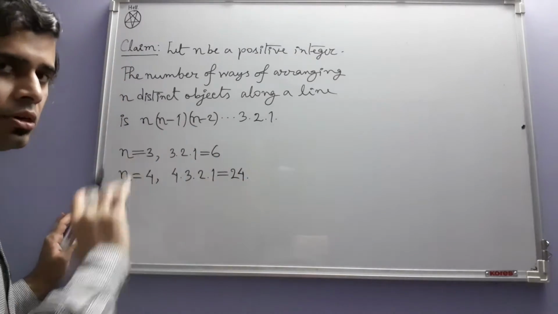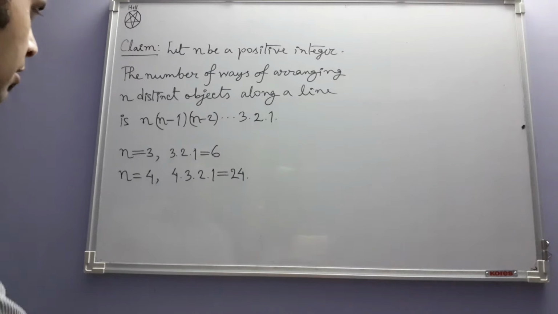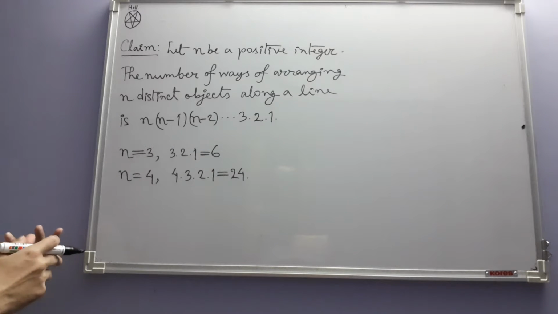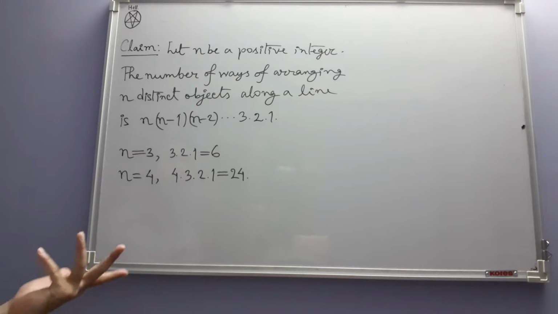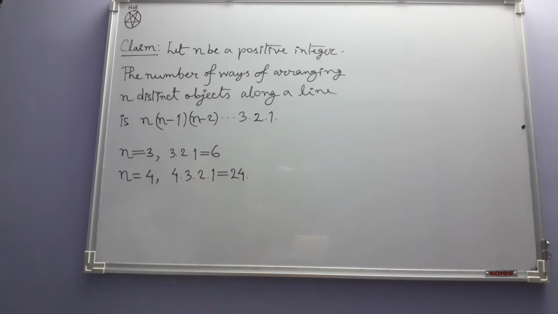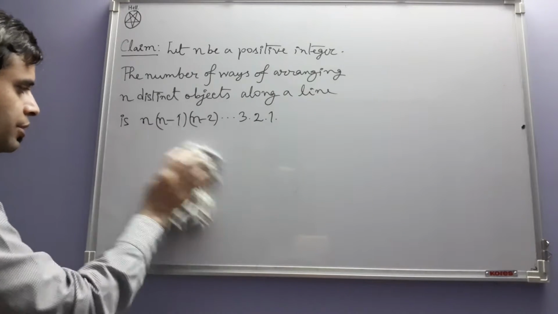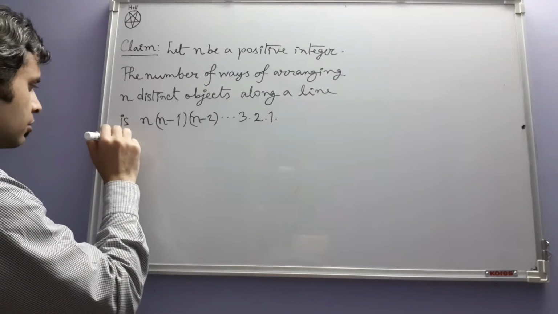This is also what we got there, by actually finding all the arrangements. Now we want to prove this result using mathematical induction. This is one of the reasons why I solved those problems involving mathematical induction in the first place. The proof is not very difficult, it's actually rather easy.